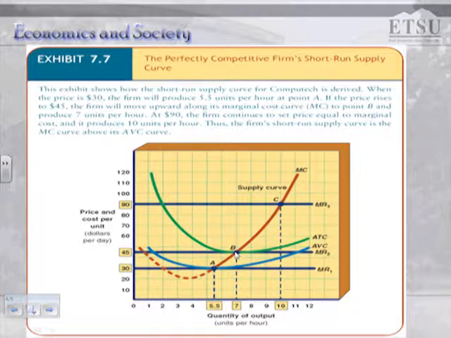Alternatively, if the price were below $45, something like $30, firms might choose to produce in the short run, but in the long run, they're going to exit. Remember, it's easy for firms to get out of the industry. All the firms that are not profitable exit the industry. The supply curve shifts to the left, and the market price rises until we get to this same point B, where the market price would be $45.